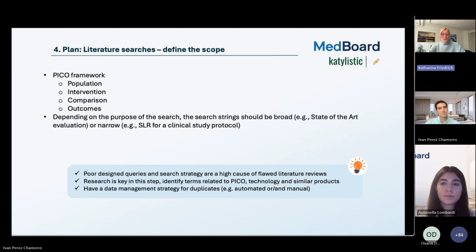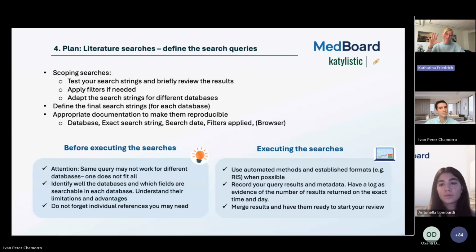And when I think, okay, this is a good search string for my database, I do a very brief screening of maybe the first 20 results to make sure, okay, this is the type of information that I want to have for my literature search. And then I define the concrete search strings that I also document in my protocol.